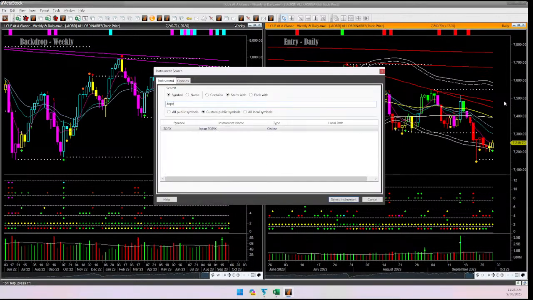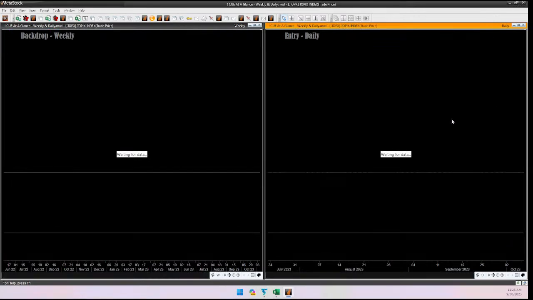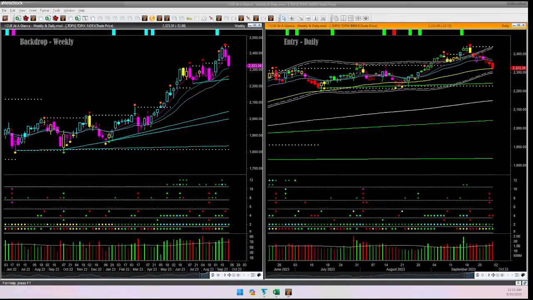What about the Japanese market, TOPIX? TOPIX interestingly displayed the bearish headwind at the very top in both weekly and daily. Unique reversal signal. Looking at that, you could at minimum protect profit in the long positions, and you could start to look for shorts. Those shorts turned out to be very profitable.